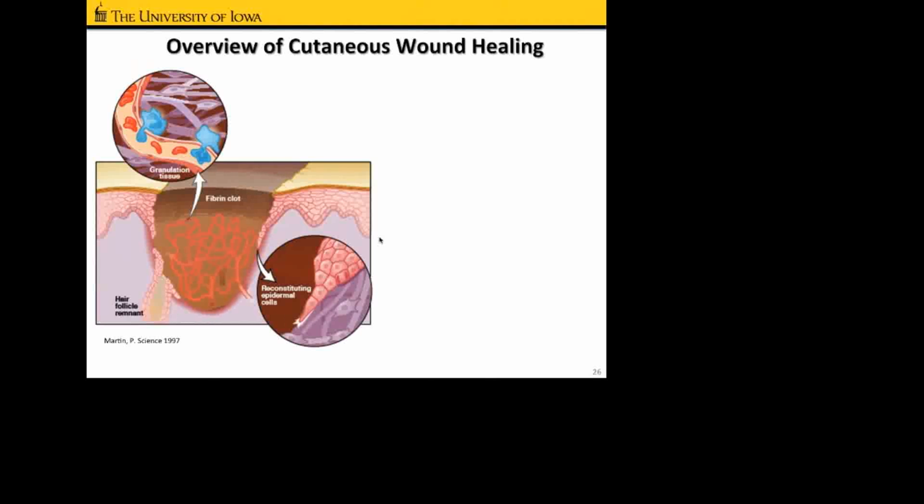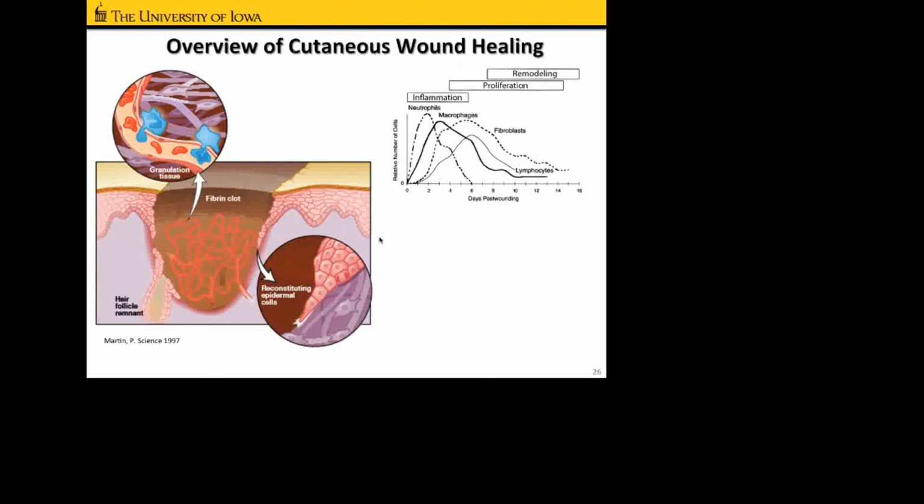You can watch this process unfold until you reach a final healing period and classify different stages. A common way to do this is to divide it into three stages: an inflammatory phase, a proliferative phase, and a remodeling phase. This schematic gives you a general sense of it: you've got leukocytes coming in initially, then you've got the fibroblasts and so on.